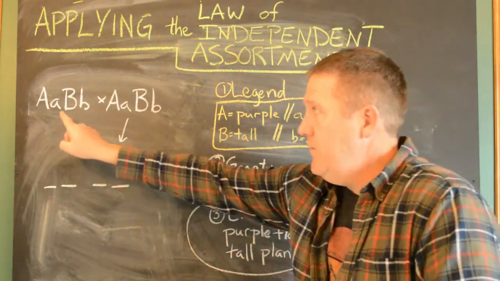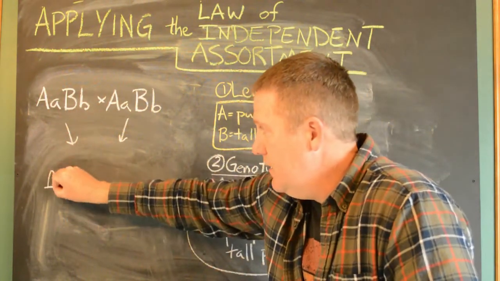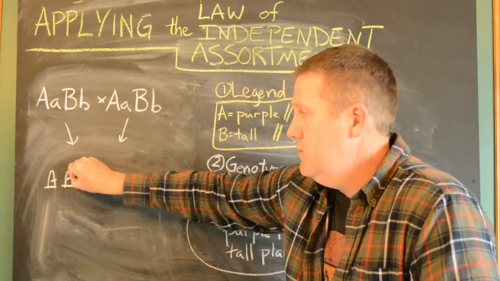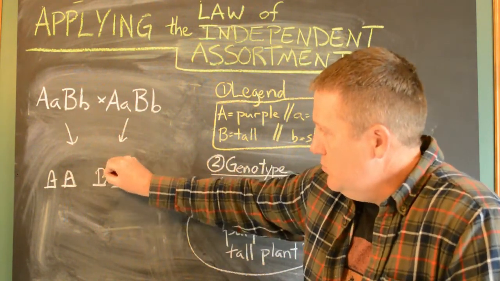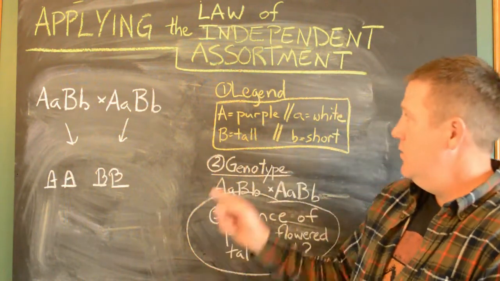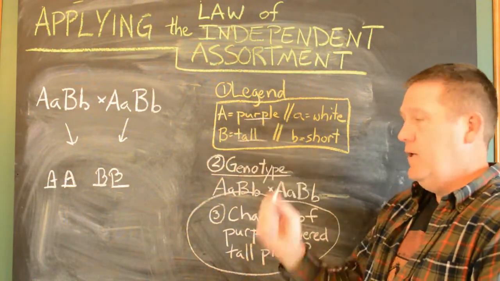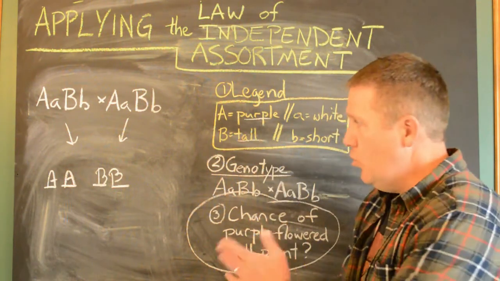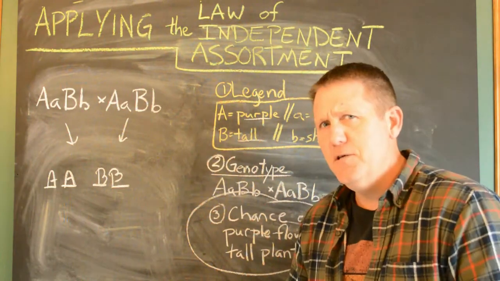So if I just passed on the first of everything, then I'd get 2 dominant flower color alleles and 2 dominant height genes. Looking at the legend here, that means they would be purple and tall. All right, well, there's one combination that gives us purple and tall, but there's more to it than that, obviously.